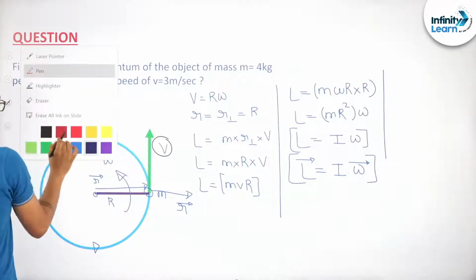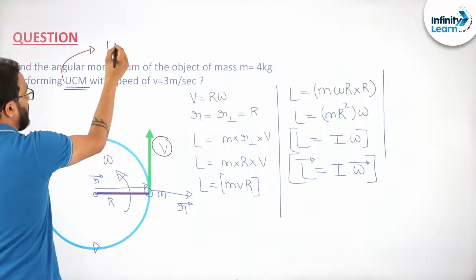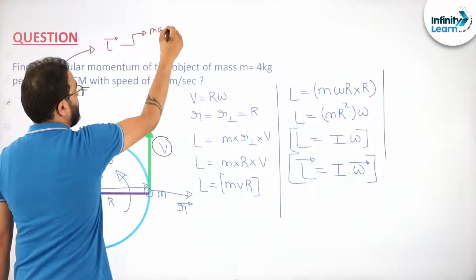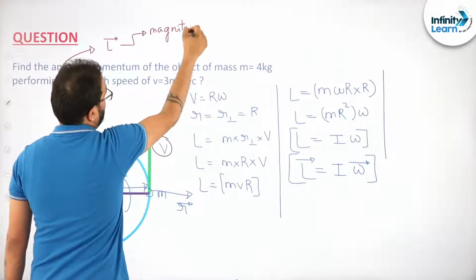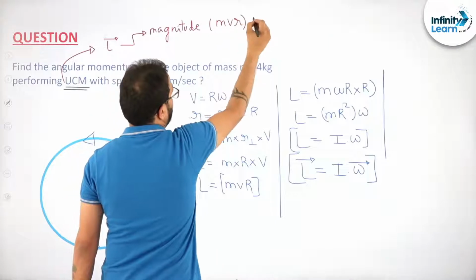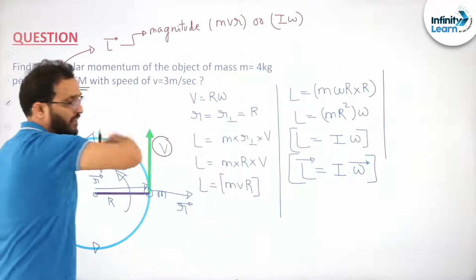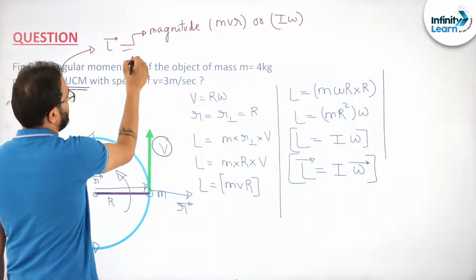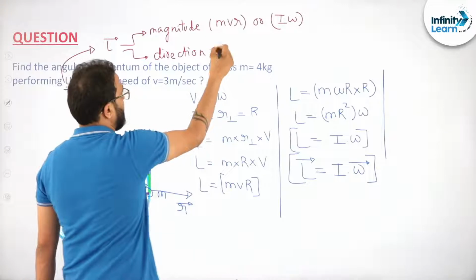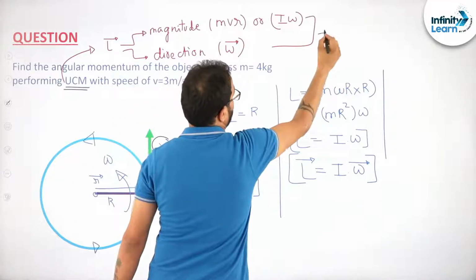So in this particular concept, vector L's magnitude, that is mvr or I omega, will remain constant if it is uniform circular motion, plus the direction is also constant, that is along vector omega. So both things are constant with time.